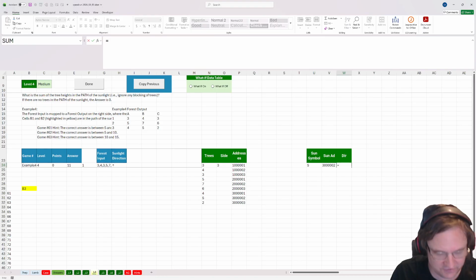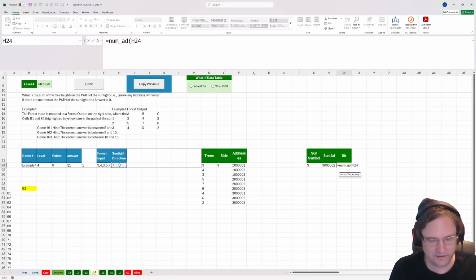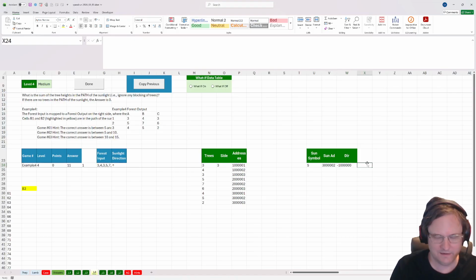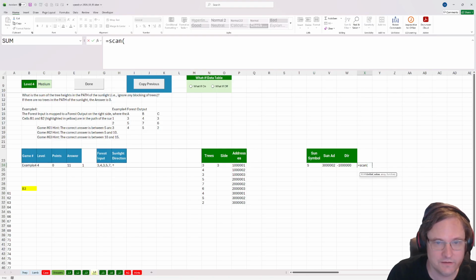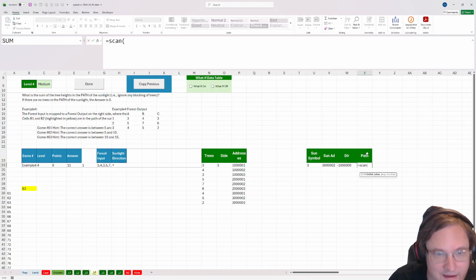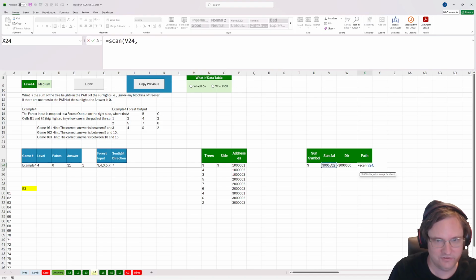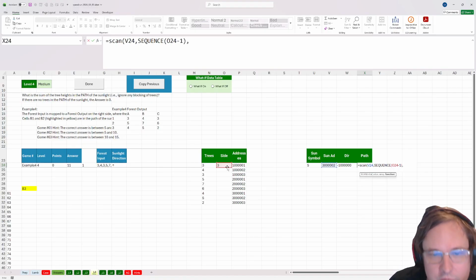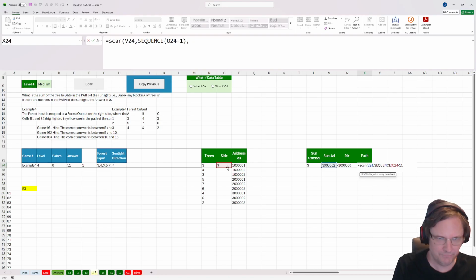All right, so now I need the path of the sunlight. So the direction also has a numeric address, right? So the up arrow is -1,000,000. So you add -1,000,000 to get the next one. So this is what I'm going to do. I SCAN start. So the path, right, is SCAN starting at the sun's location. The array is just the number of times I'm doing it, which is side minus 1. So 2 in this case, right? 3 minus 1.